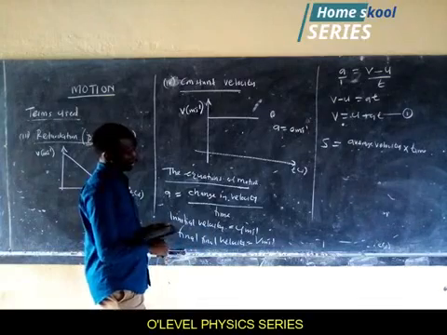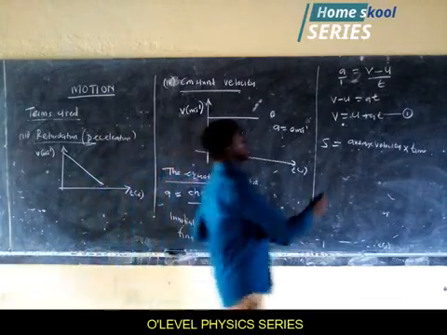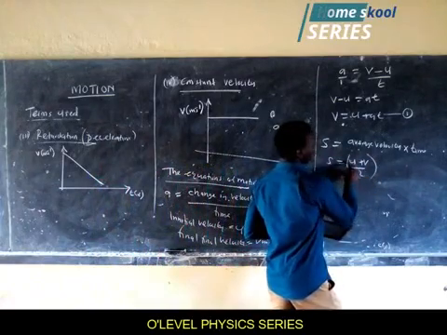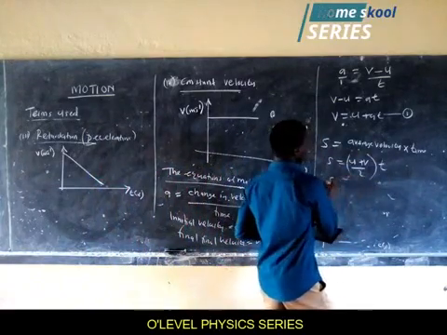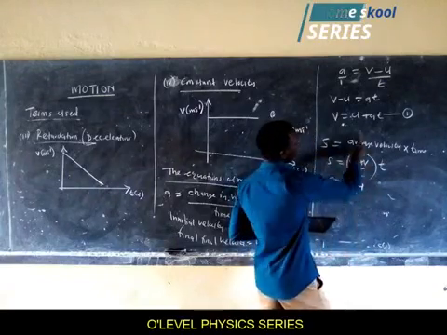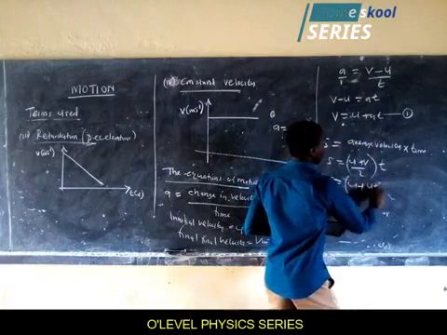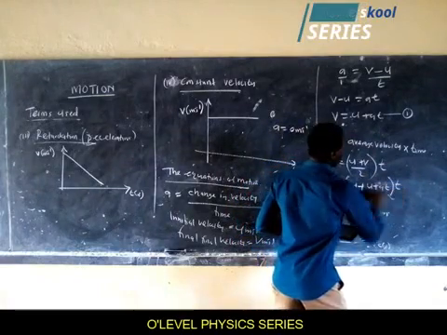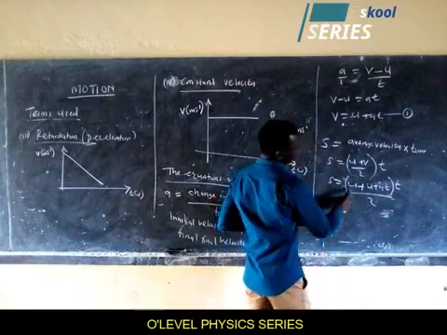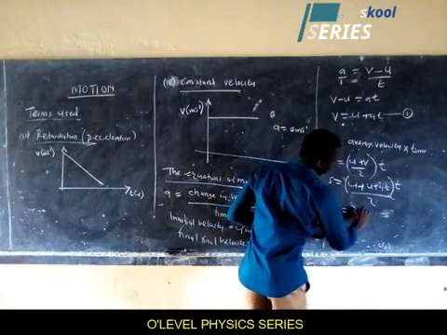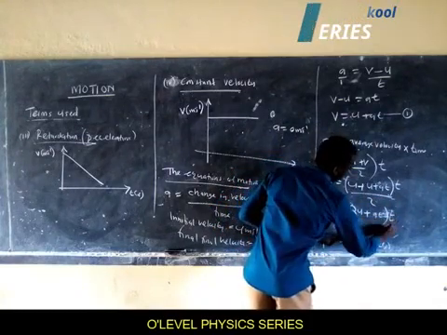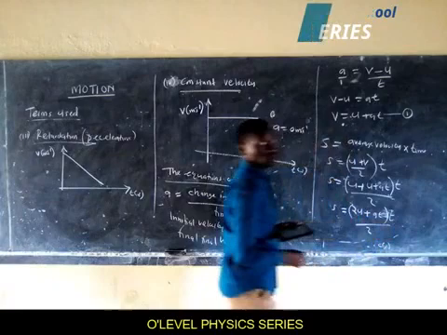Average means you add and divide by 2, meaning displacement S is equal to average velocity times time, giving us S equals u plus, remember the v is u plus at. U plus u plus at, times t, divided by 2, giving us S equals this becomes 2u plus at times t divided by 2.